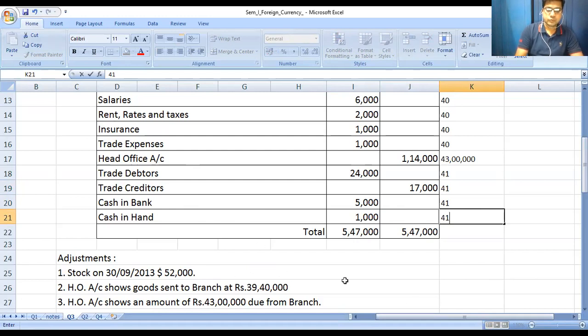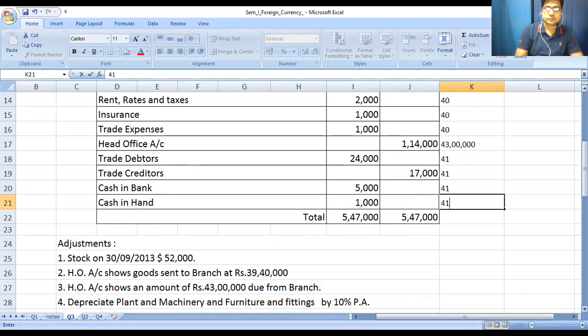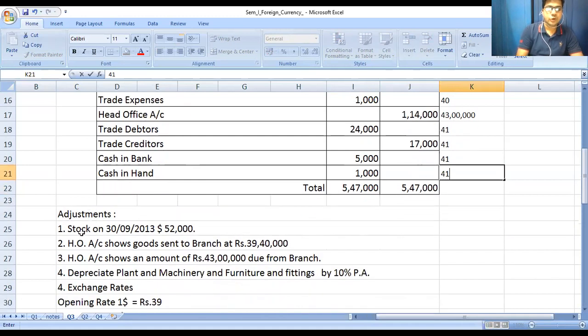Now they have provided stock on 30th September 2013 at the rate of rupees 58 to 52,000. This particular stock is a closing stock. Which rate do we have to use for closing stock?